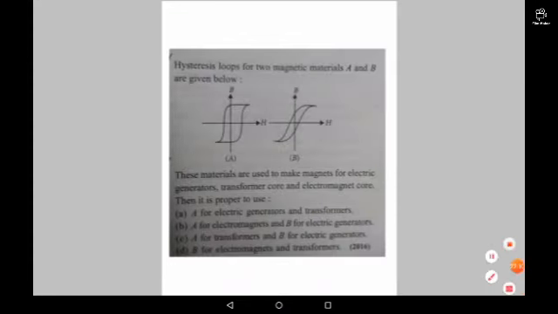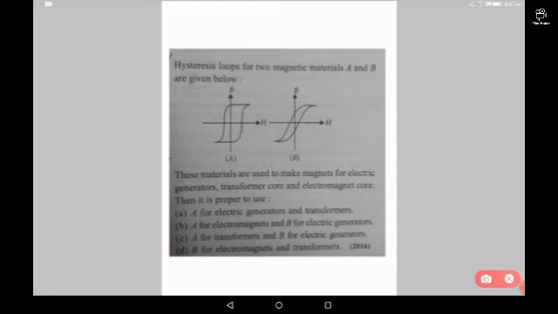This is our next question from magnetism. In both electric generators and transformers, the energy loss will be very small.